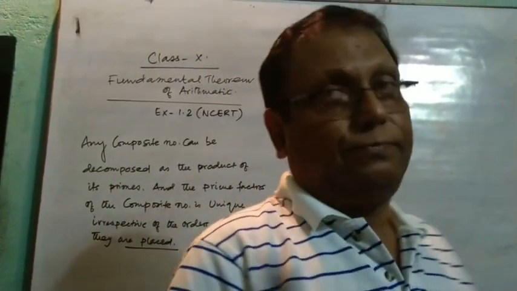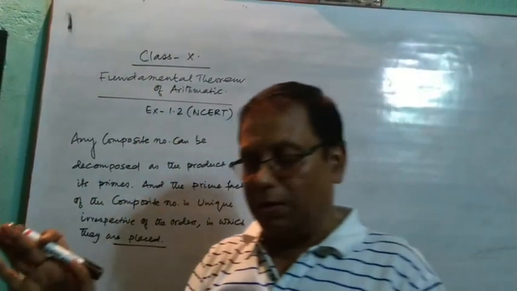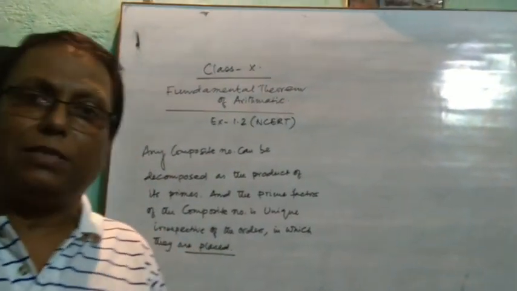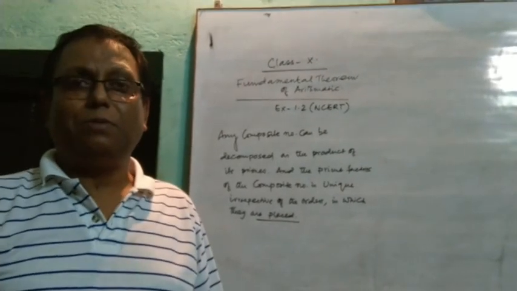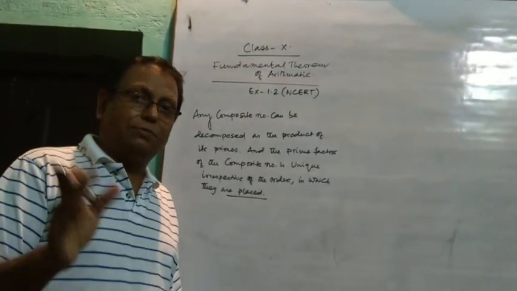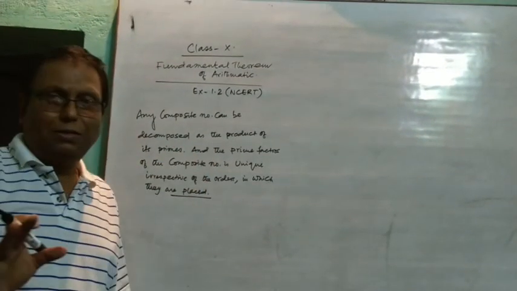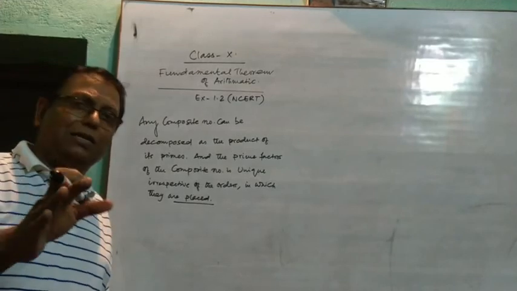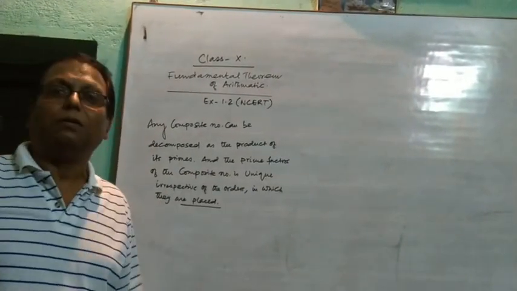Now see, any number, we know that numbers are of two types. One is prime numbers and the second one is composite numbers. Now what is a prime number? The number which is divisible by itself and 1, that is called a prime number. And the number which is divisible by any number other than itself and 1 is called a composite number.